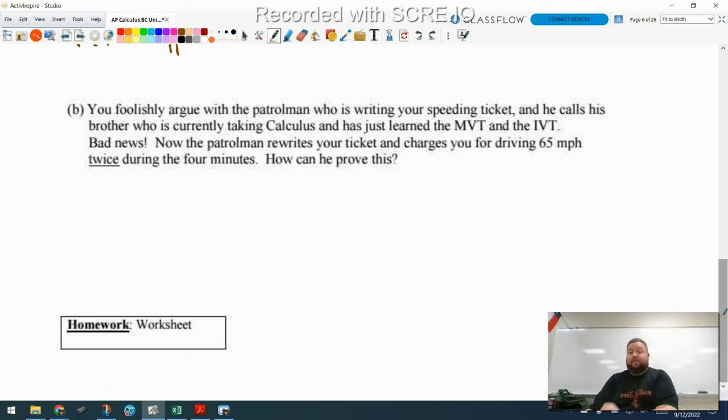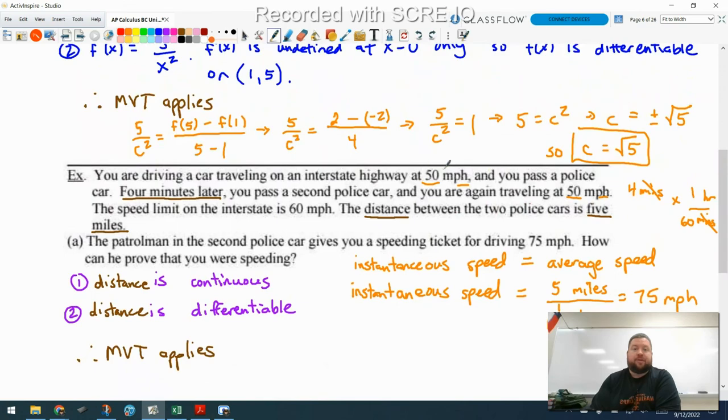All right, so now we just used the mean value theorem to prove that we were going 75 miles per hour at least once on that interval. Okay, so now we're going to combine that with our IVT. So we're going to make a table: T, and then I'm going to put speed right here. Okay, so I know at 0 minutes, we were going 50 miles per hour because they told us that we were clocked at 50.